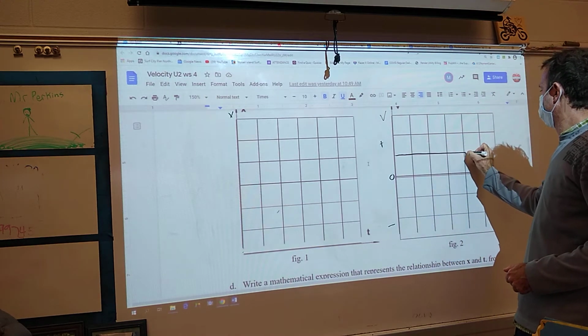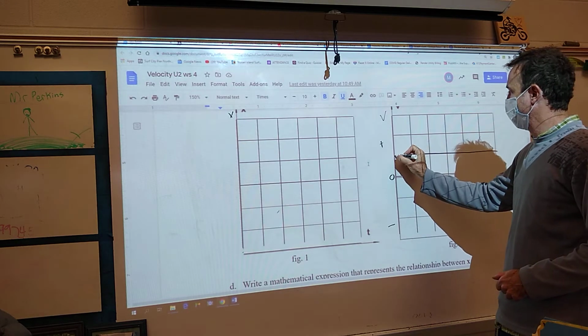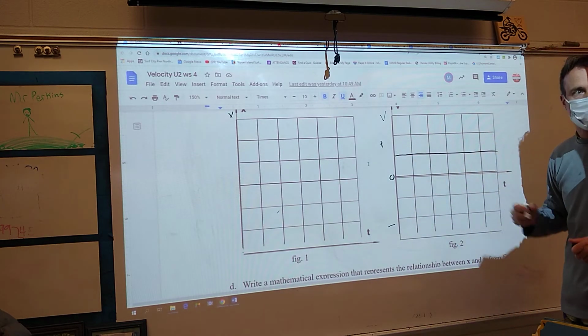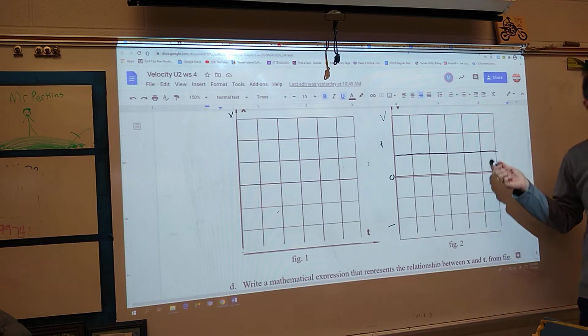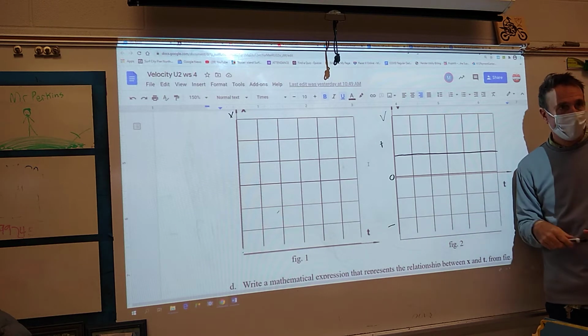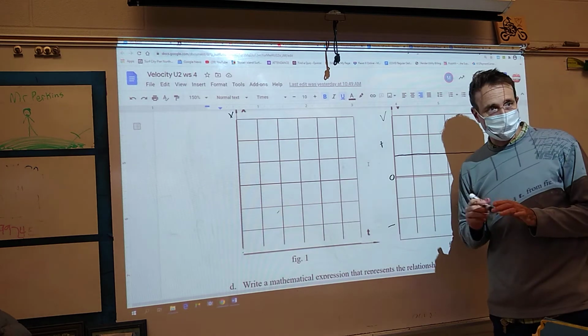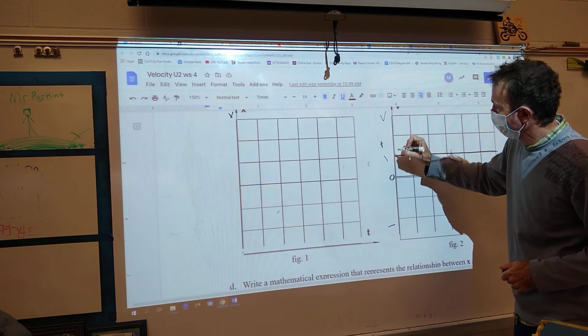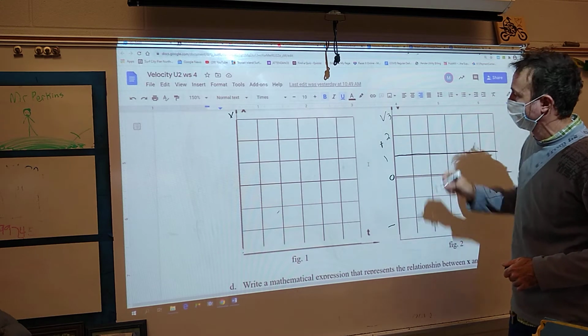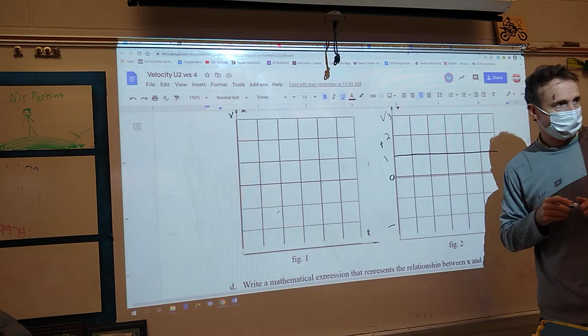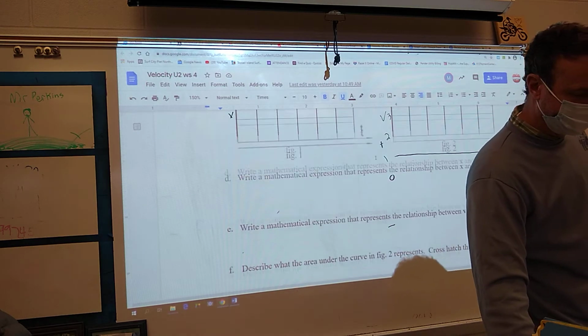So you just draw a line up here anywhere that's straight, that's a constant velocity. Is everybody with me? Now, if we were going to make it quantitative, we could say 1 meter per second, 2 meters per second, 3 meters per second. Right? All right, let's keep rolling.